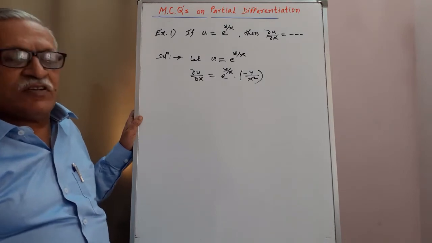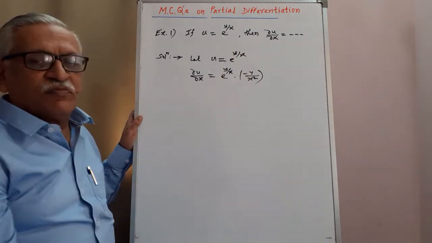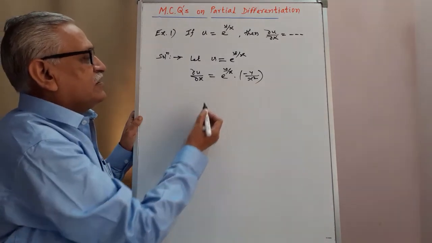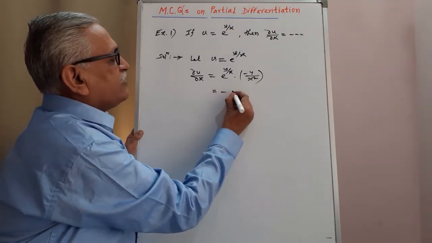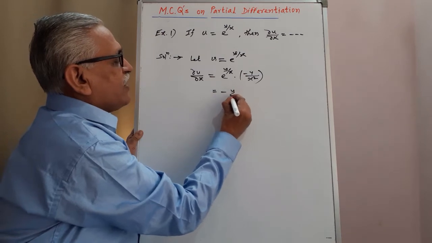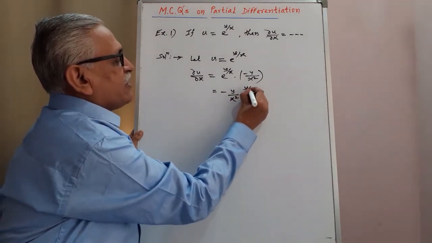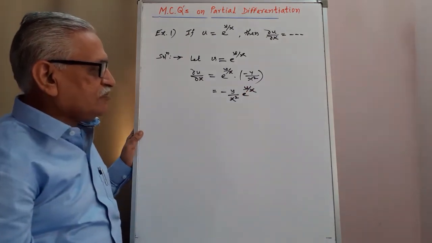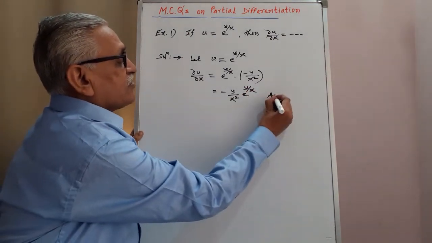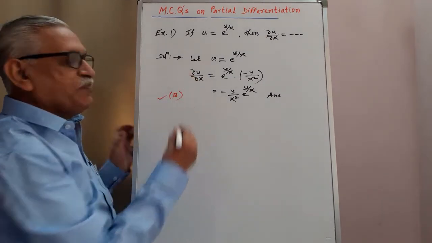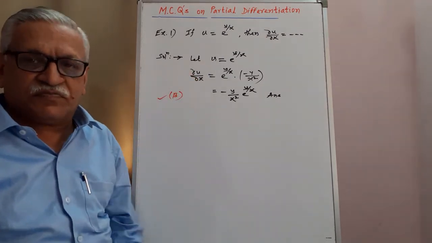We are taking y as a constant term outside. Therefore, it becomes minus y by x square into e raised to y by x as the answer. Option B is the correct option.